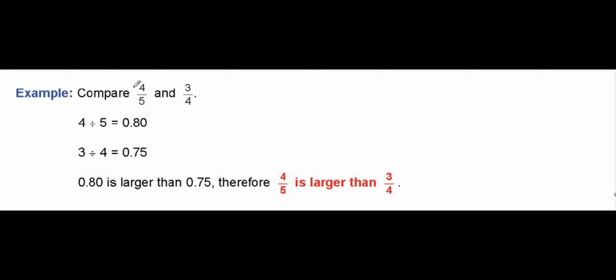So in the first fraction, the numerator of 4/5 is 4. The denominator of 4/5 is 5. So we divide the numerator, which is 4, by the denominator, which is 5. The result is 0.80.